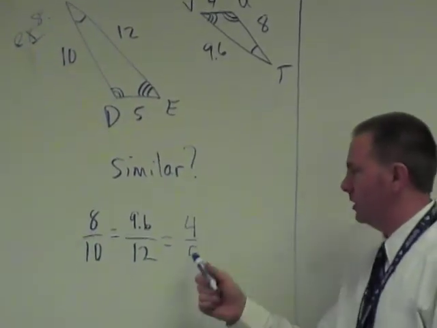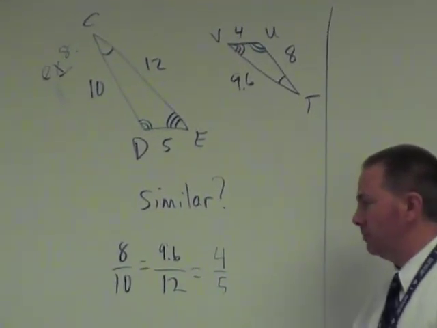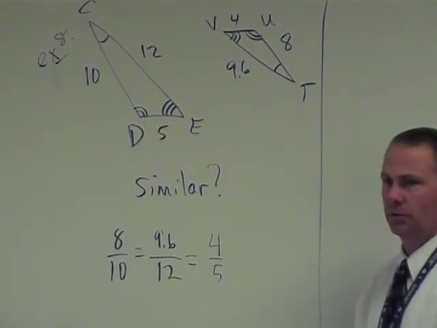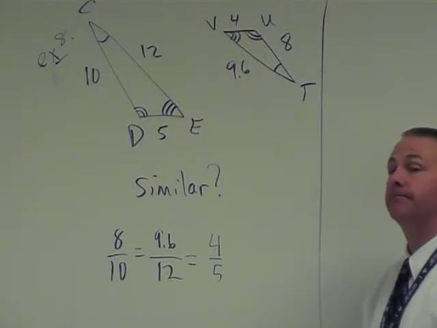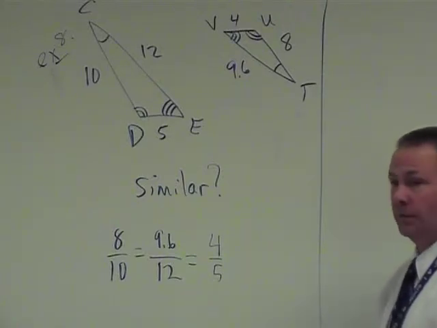Good. And 4/5 equals 8/10. What about 9.6 over 12? What's that reduced to? 4/5?